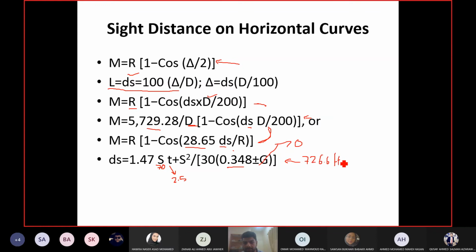Okay, so use this equation. Yeah, the M value.